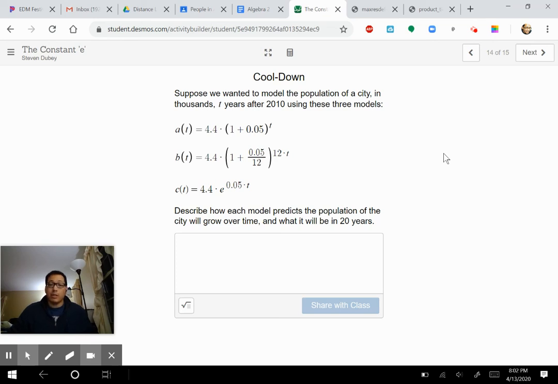Write your answers in, and I will leave you some feedback. If you didn't notice, I left you feedback on the last lesson, and I will do the same thing with this lesson by Friday. You can look at it Friday morning, go back in here, and you should be able to see on the right-hand side some notes from me. So go ahead, try to describe for yourself how these models are different, and what their different predictions are.